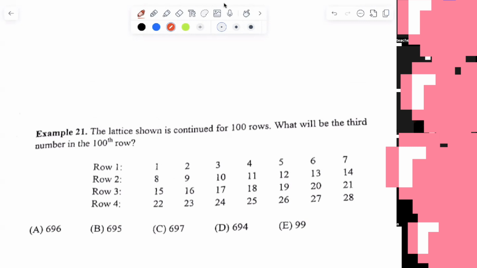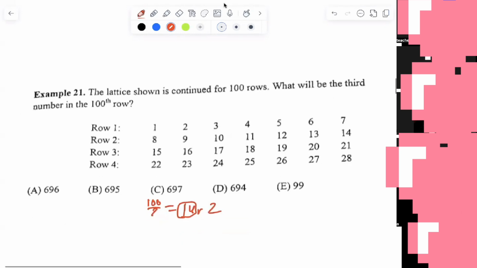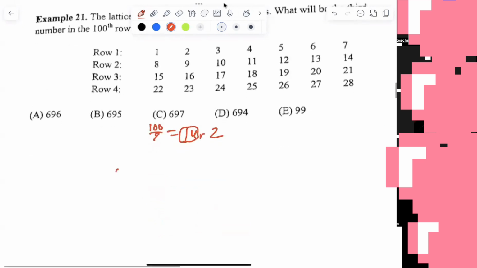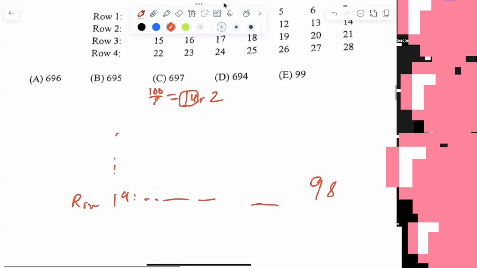The answer is 14 remainder 2. So 100 divided by 7 is equal to 14 remainder 2. Now that 14 tells us about row 14, there are some numbers, and then the last number is 98, and we start a new row.